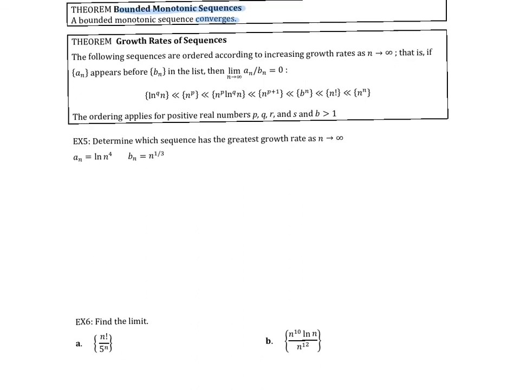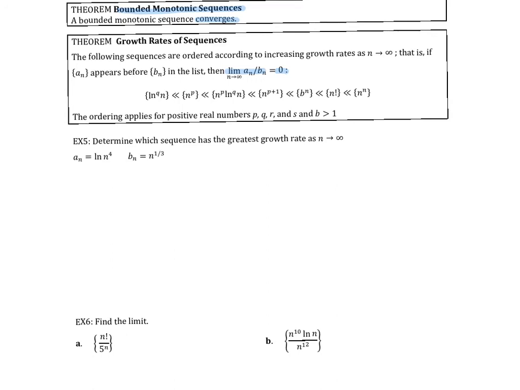Something else that comes up is growth rates. And this is referring back to previous sections and in calculus when we talked about growth rates as well. So if you do take the limit of a division of two sequences and it's equal to 0, that just tells you that the bottom is growing faster than the top.